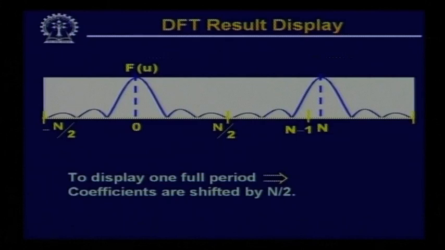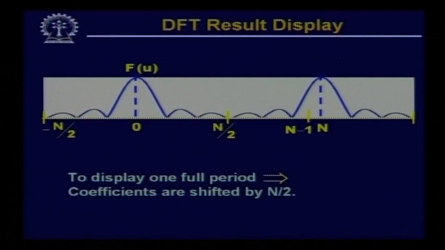And because of this conjugate property, in this range 0 to capital N minus 1, what we get is two back to back half periods. This is one half period, this is one half period, and they are placed back to back.